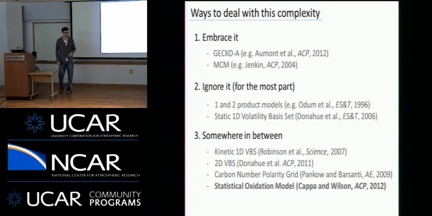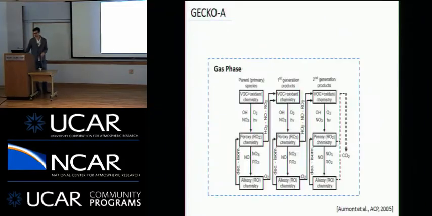That's another kind of intermediate complexity model. Or we have an approach that we're taking here that we call the Statistical Oxidation Model, and that's what I'm going to focus on today. But before getting to the Statistical Oxidation Model, I just want to give some additional background on kind of these more complex and less complex models so we can see where it fits.